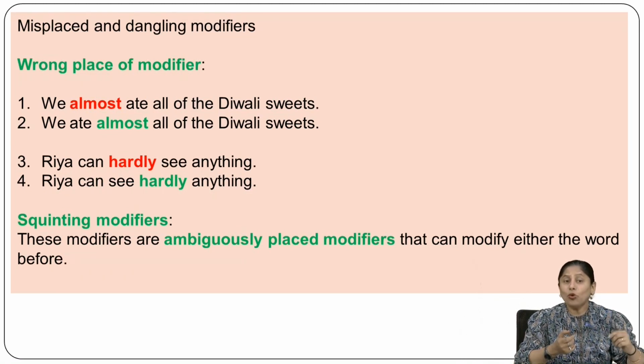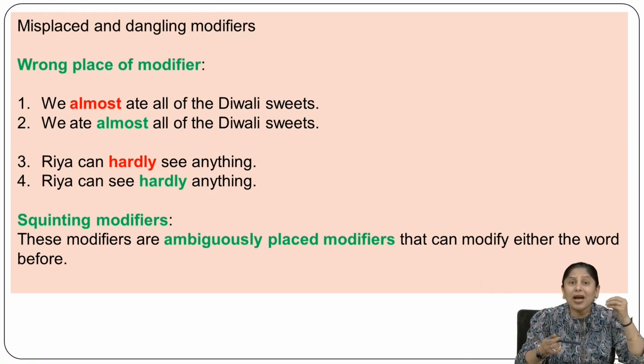Now in the fourth sentence, Riya can see hardly anything. Both the verbs give the action of the sentence. The verbs show the things that happen in the sentence, things that can be done by the subject.